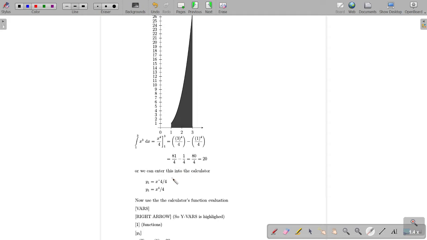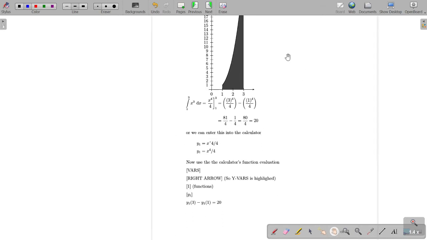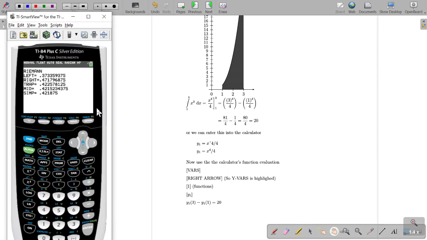Now, if you're typing this in the calculator, this is the older style. This is the newer style here. So let me move this over and get the calculator. So we would have x to the 4th divided by 4.